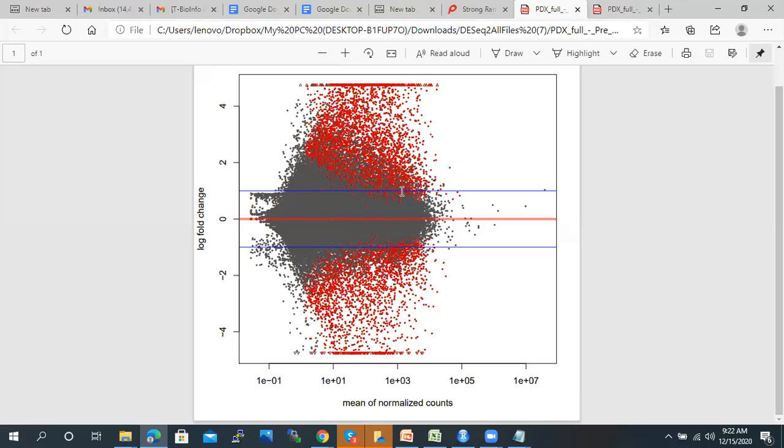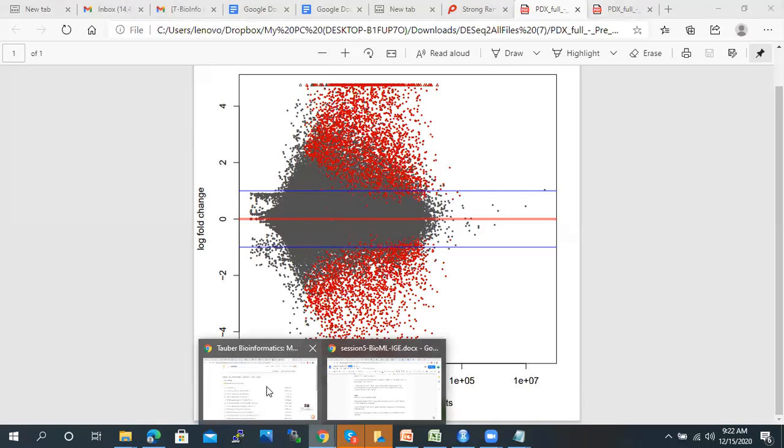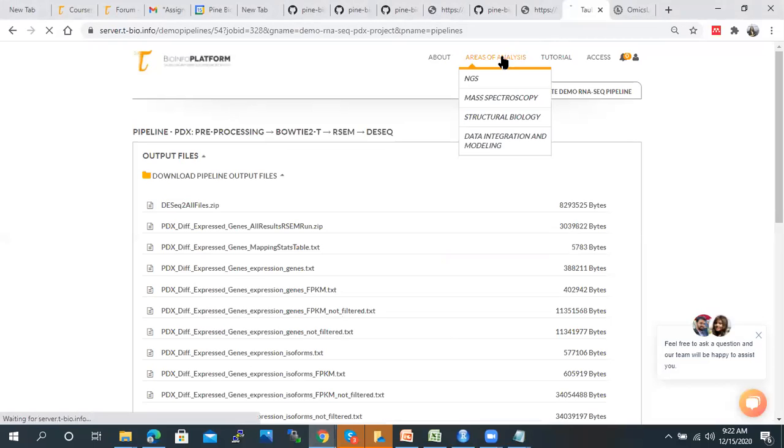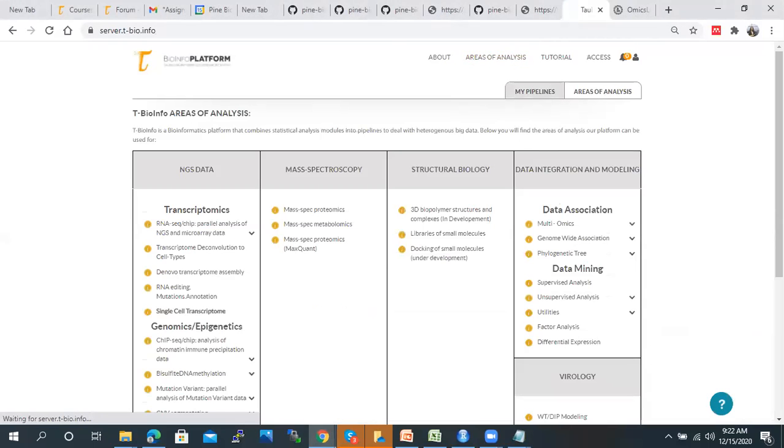So you can explore yourself, and if you have read count values, then you can run your pipeline yourself directly under the utility section. So this is the example pipeline, or the demo pipeline. This is under differential expression when you have your own read count data.